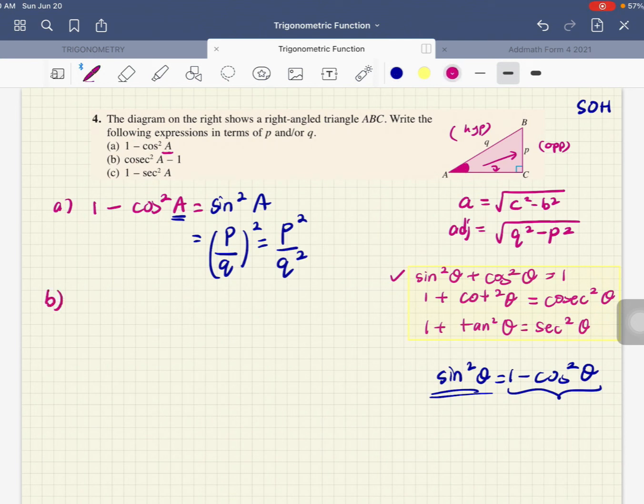for question A. For question B, cosecant squared A minus 1 is equal to, now let's see cosecant squared A. I think this is using the second identity. So we have cot squared theta is equal to cosecant squared theta minus 1.